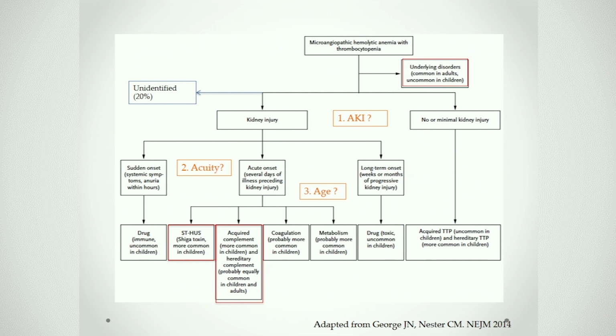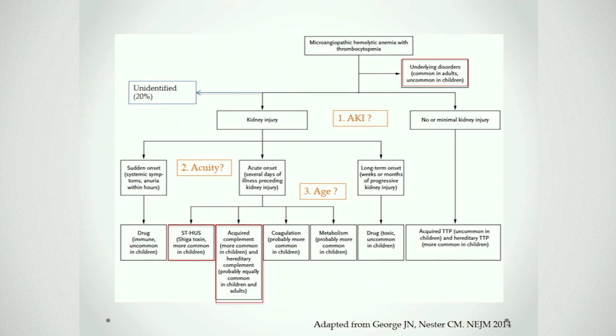If there is a sign of kidney injury, then the question of acuity and age of the patient comes into play. And that's based on the fact that there are a variety of separation components to when someone has a sudden onset versus an acute or long-term onset. That helps to define the likely cause. If it's sudden, it's more likely to be an immune response to a drug versus an acute onset, meaning within days, it's more likely to be either a Shiga-toxin associated HUS or maybe an acquired complement or hereditary complement disorder, and we'll talk more about those.